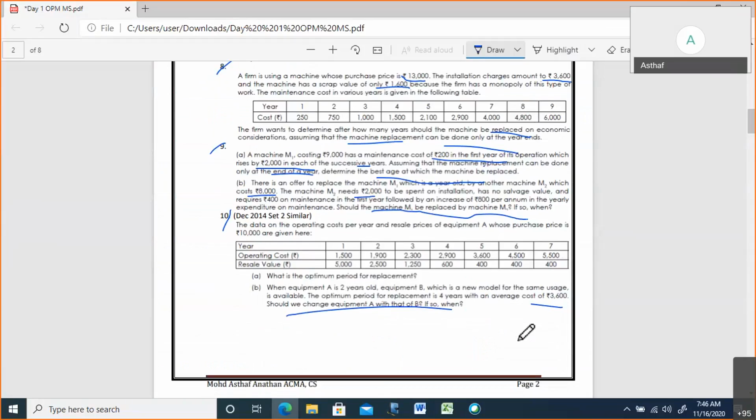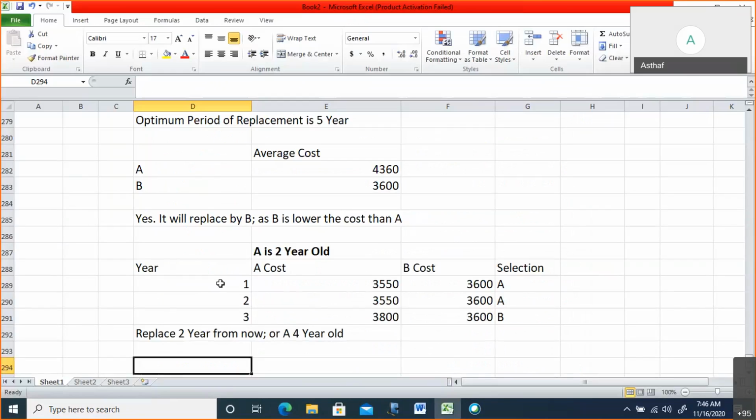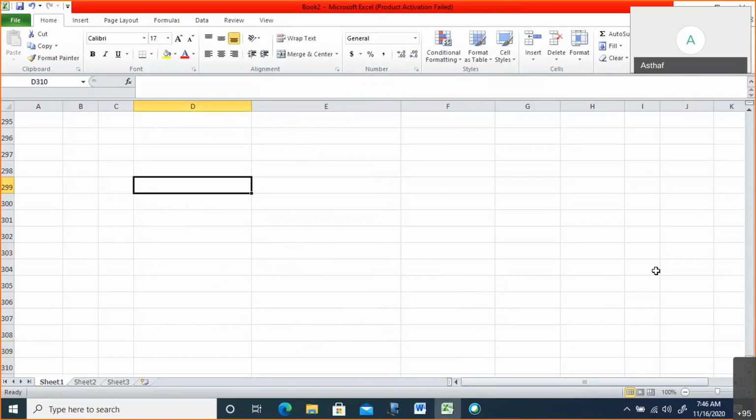Now this is a very important area, a very twisty and advanced area: group replacement. Next topic. My dear friends, I know you are waiting for a small break, so we are giving the break so you can get fresh.